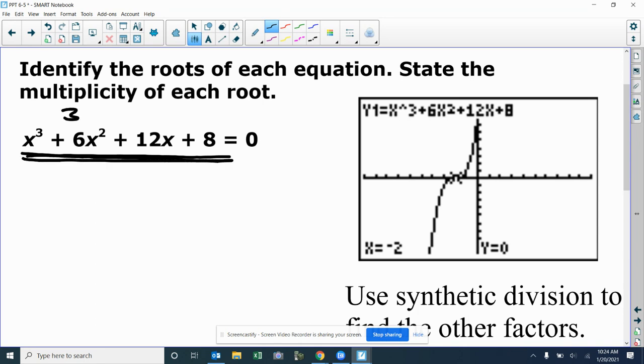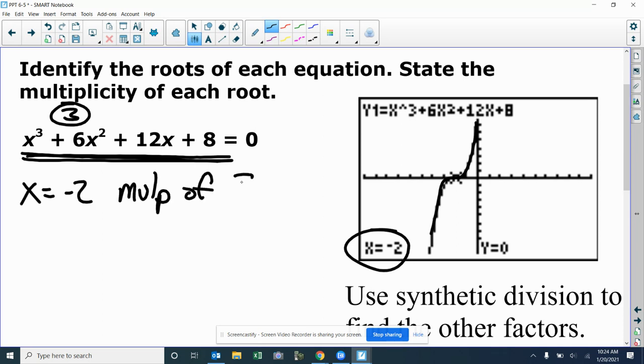How many roots do we have to find? 3. Does it look like we found them already? It does to me. Look, it comes down and it hooks through. If I'm guessing, I'm going to say x equals -2 and has a multiplicity of what? 3. Hopefully that totally makes sense to you.